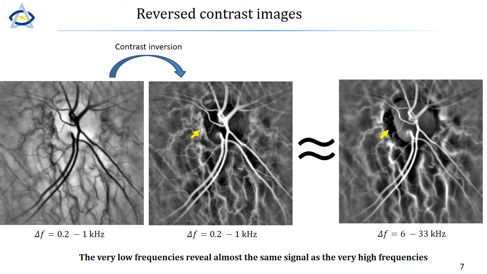It's not identical because there are some areas in this example that we've chosen where, in the vicinity of the optic nerve, there was a piece of RPE that was absorbing a lot of light. Thus on the image on the right it appears dark because light is absorbed, and on the image from which we have reversed the contrast it appears bright, because it was previously dark because of absorption, and then it becomes brighter after the reverse contrast.